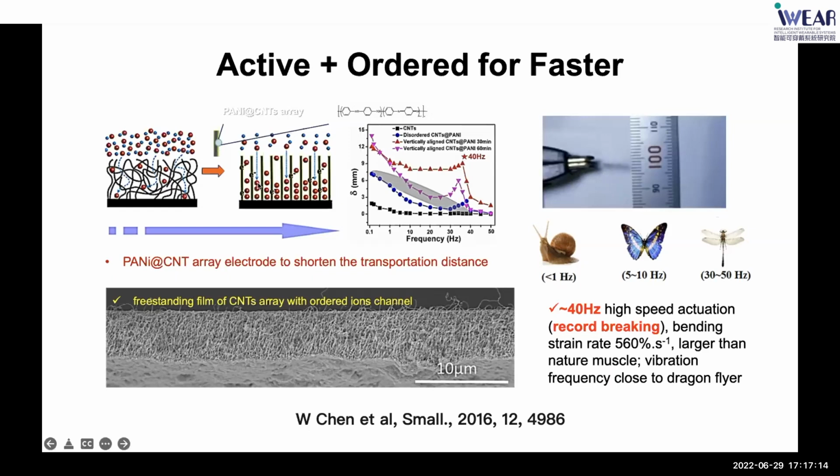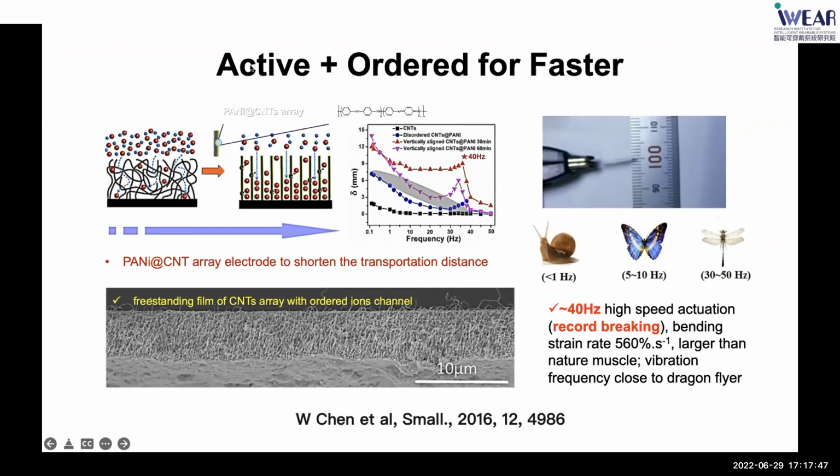But if you use the oriented CNT electrodes, the time will be decreased. From this figure, we can see the best response frequency we can achieve is around 40 hertz. And this 40 hertz is almost close to the vibration frequency of a dragonfly.